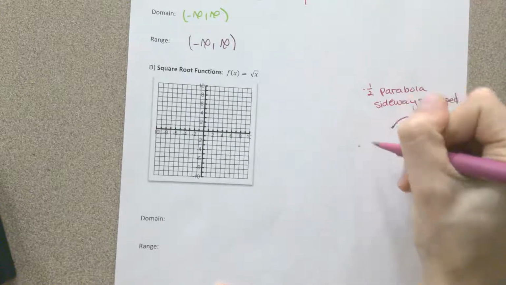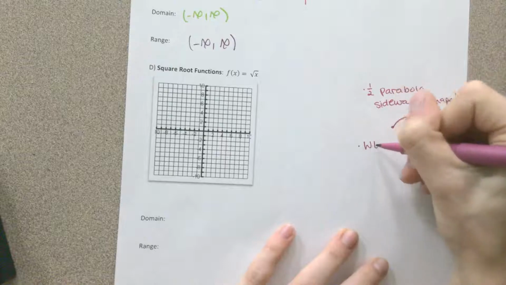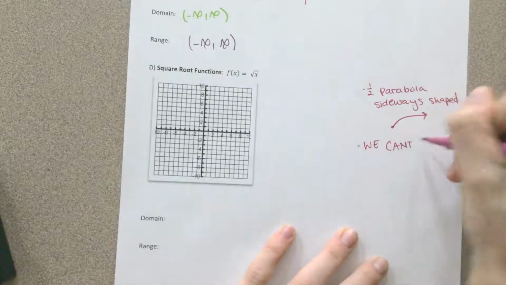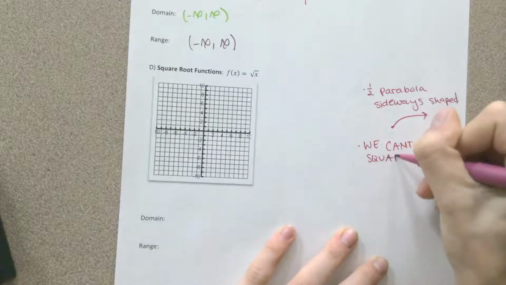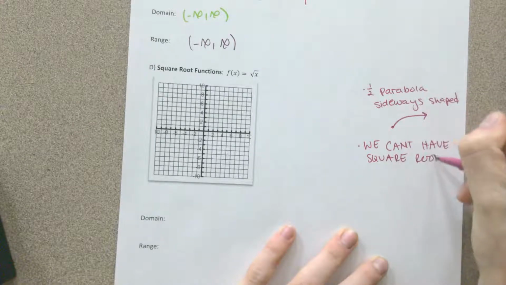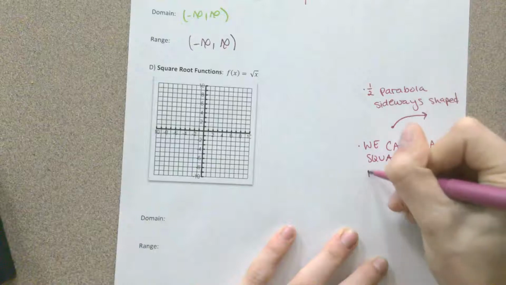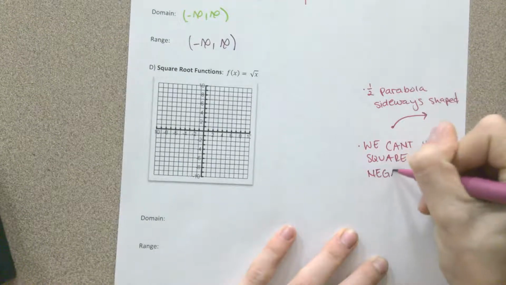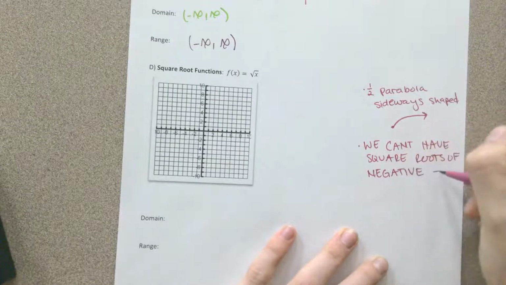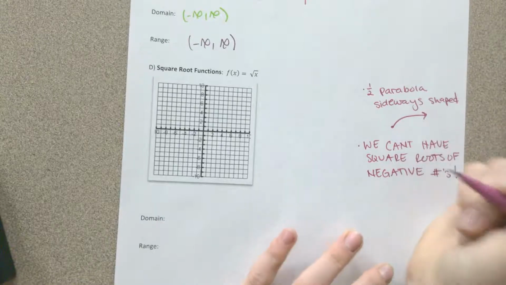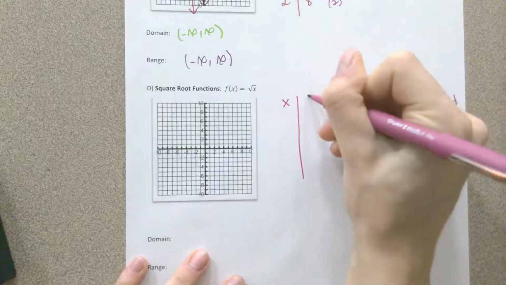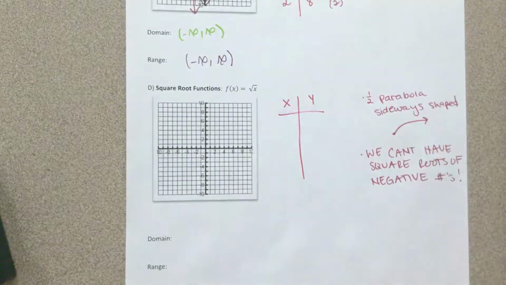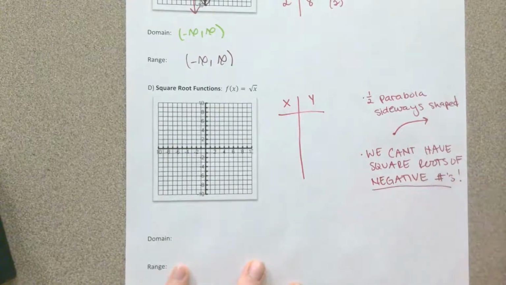Also, we can't have square roots of negative numbers. Okay, so when we make our table for this graph, we cannot use negatives.